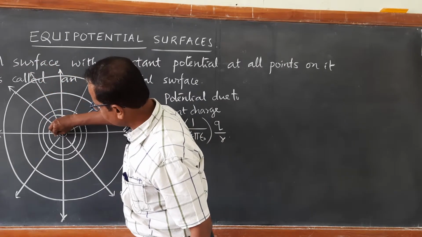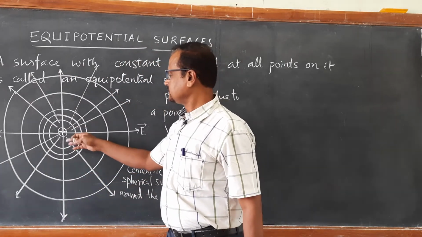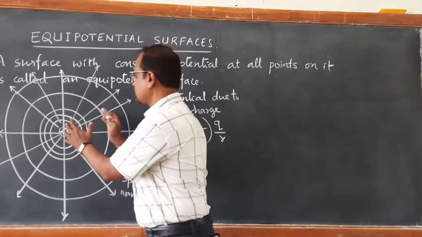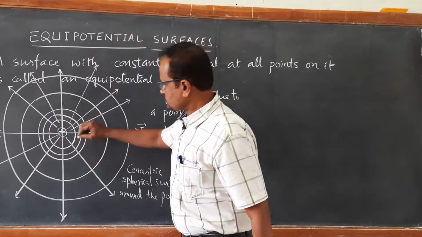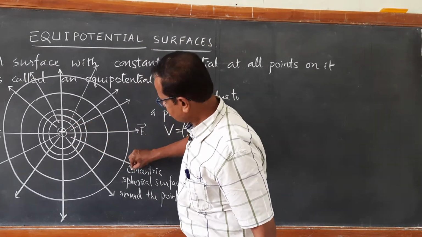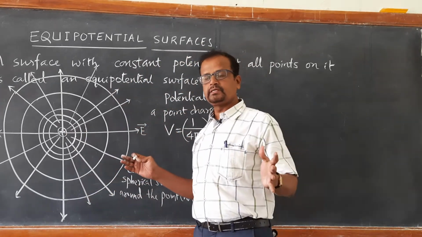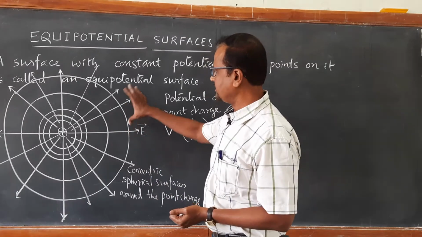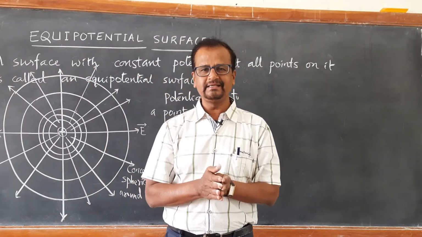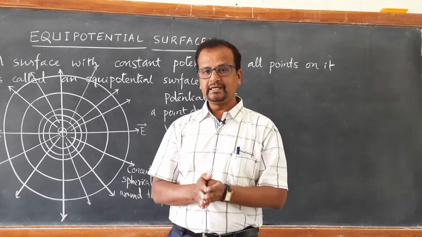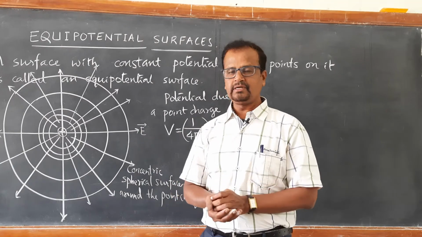The density of field lines is more when you come closer to the source charge. But when you are moving away from the source charge, the spacing between the field lines is increasing. It means the electric field decreases as you move away from the source charge.